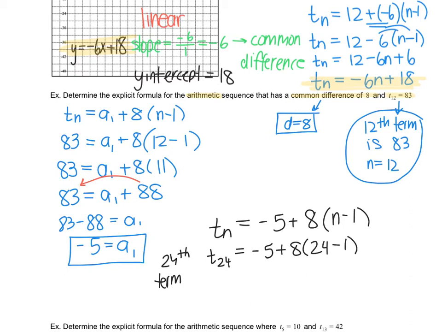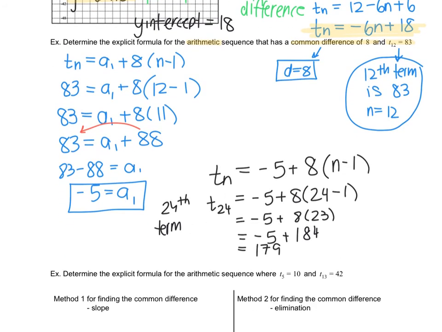Now if you want to just jump straight to the 23 there, that's totally fine. So 8 times 23. And now we can just clean this up a little bit. So 8 times 23 is 184. And when I add negative 5 to that, I get 179. So the 24th term is 179 in this sequence.